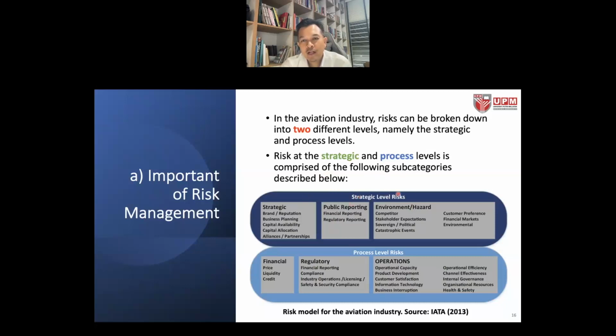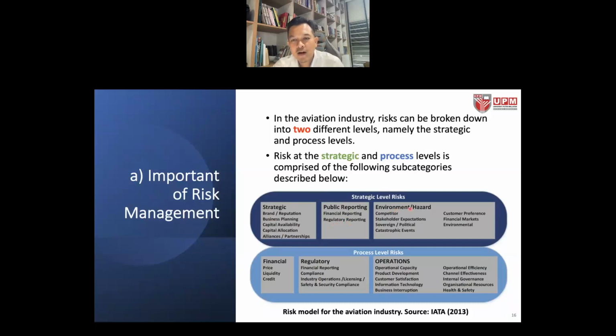If we look here, strategic level risk. The first one is categorized as strategic, which includes branding, reputation, business planning, capital availability, capital allocation, alliances, and partnerships. So this is grouped under the strategic level risk. And then here, public reporting, in terms of financial and regulatory reporting.